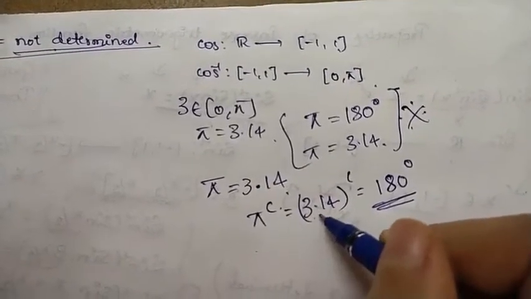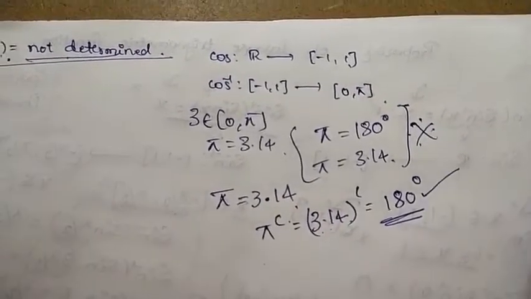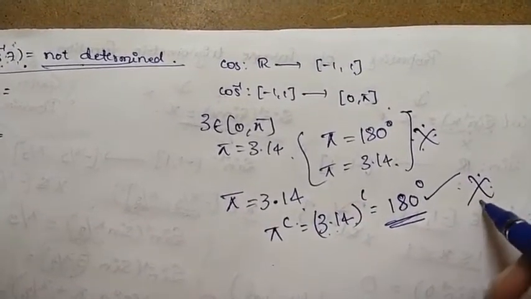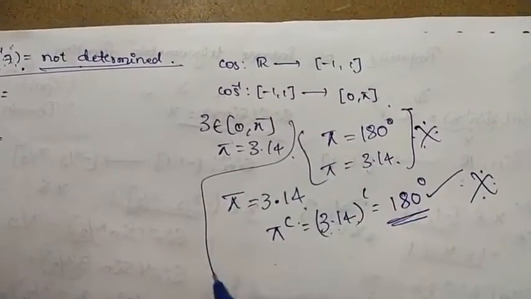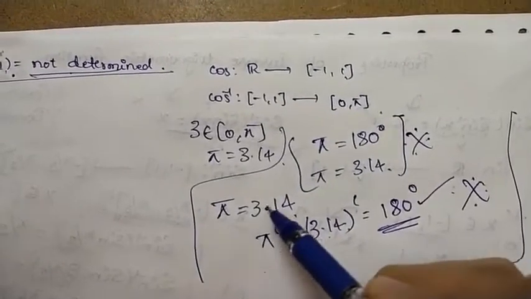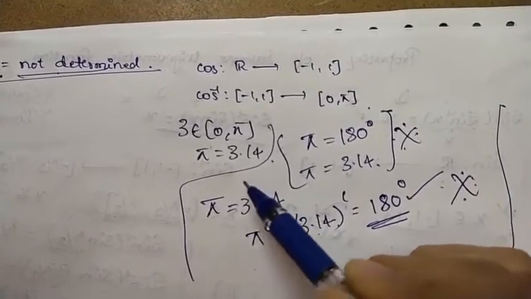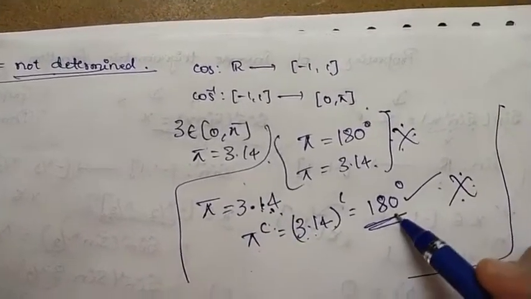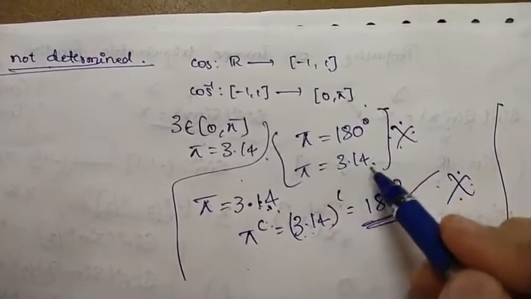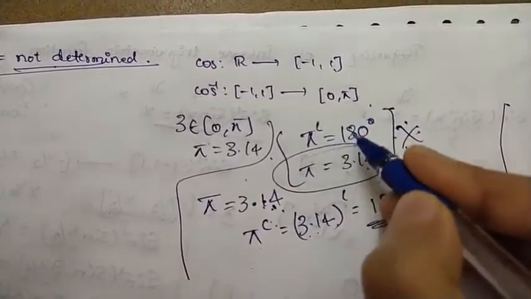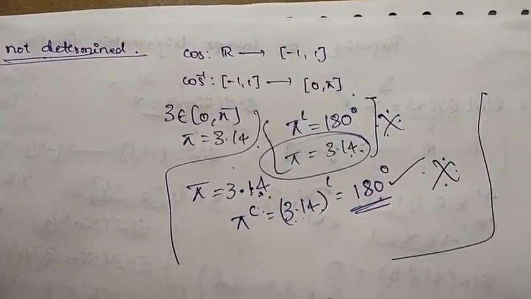The value of pi is 3.14 itself, but pi radian is 180 degrees. At certain times we call pi 3.14, and if we take pi radian, we get 180 degrees.